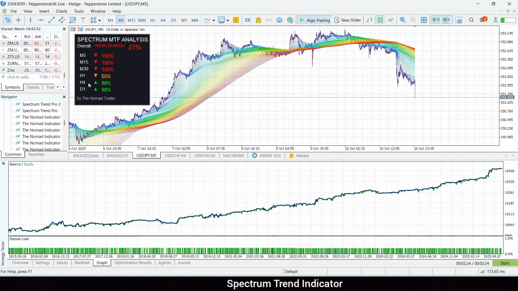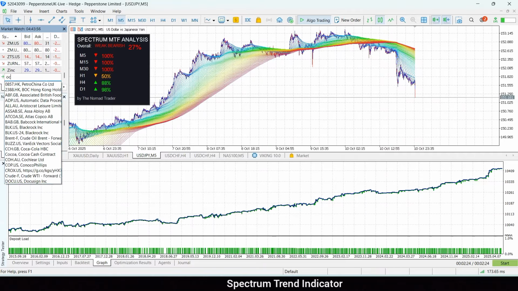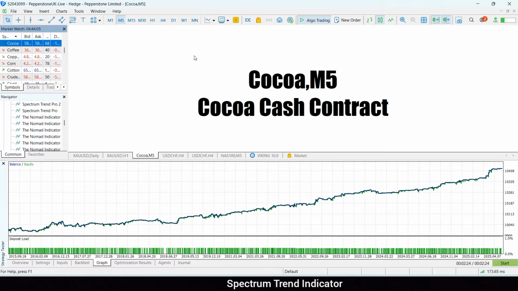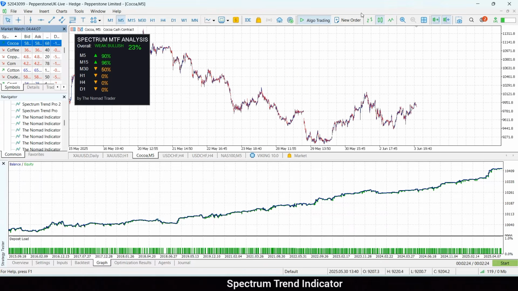Actually, I'm thinking about what else to look at. I want to see some more assets and how this indicator is working on them.